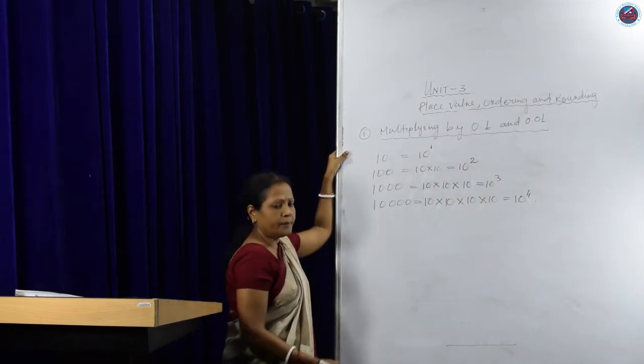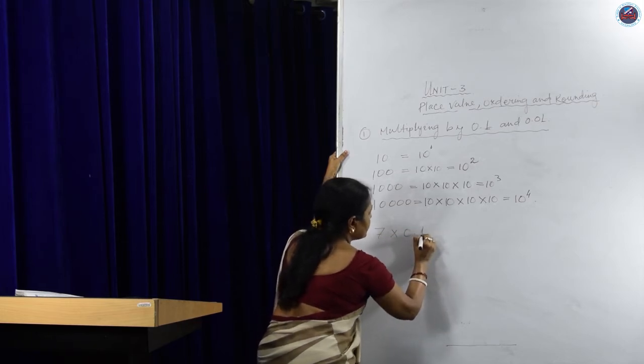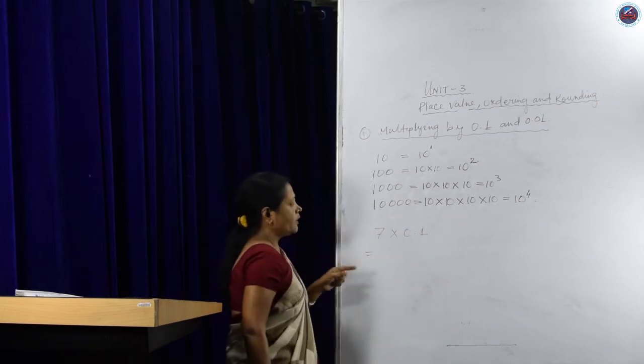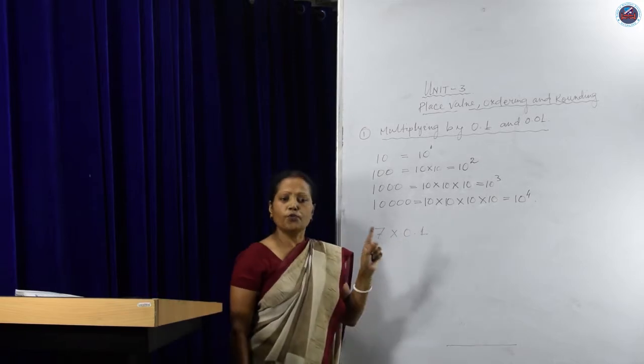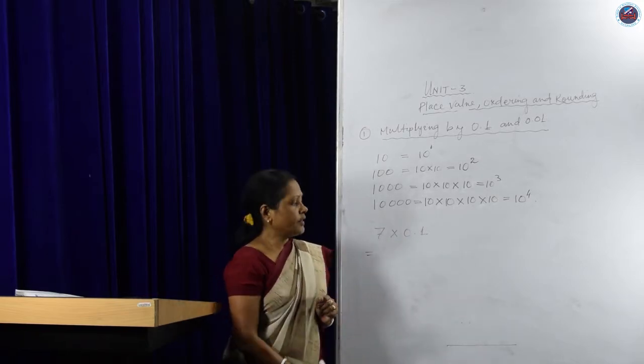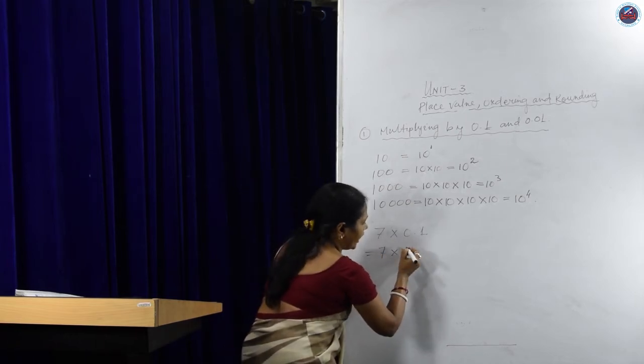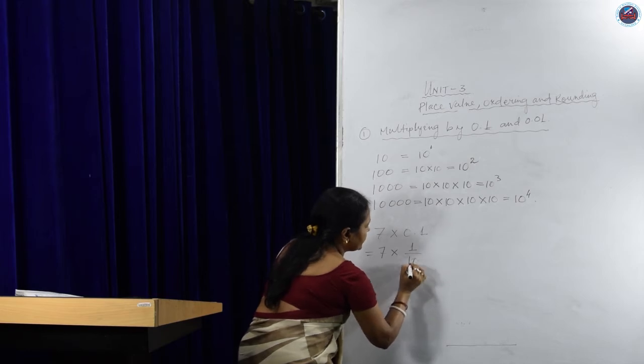For example, 7 into 0.1. Multiplying by 0.1 is the same as dividing by 10. How is it? 7 into 0.1, where 0.1 can be written as 1 by 10.